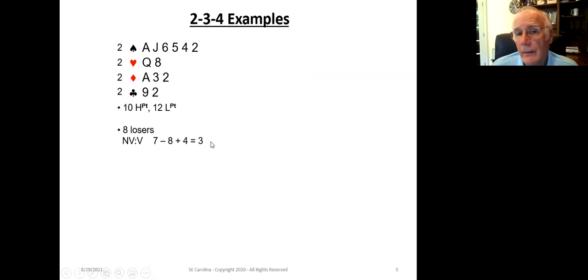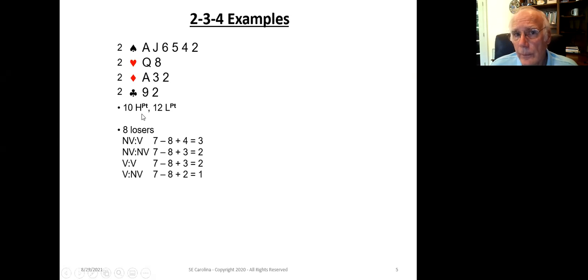Does that say that we will? No. What it says is that given all the information that we currently have available, the 3 level is a reasonable level that we can bid to if we so desire. Now, if we've got equal vulnerability, it's only the 2 level.